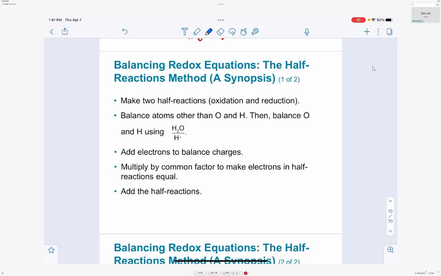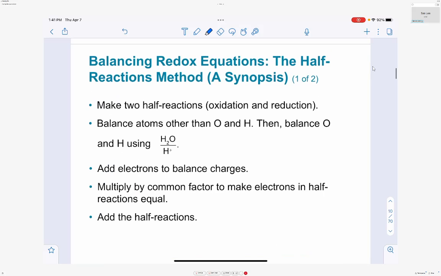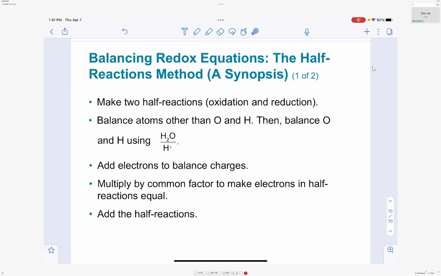So here are the steps to balance the redox equation using the half reaction method. For step 1, you start by making 2 half reactions. You separate the oxidation reaction and reduction reaction. For step 2, you balance atoms other than oxygen and hydrogen.